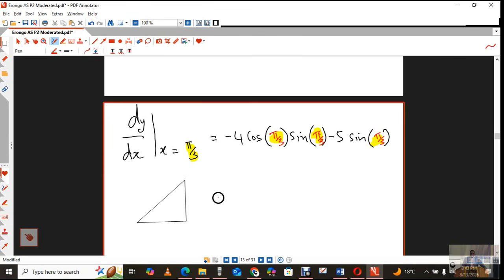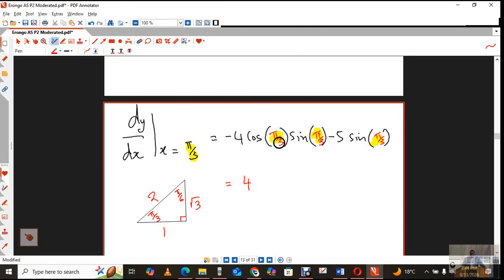Let's say I know that that is 2, the hypotenuse. I know this is half pi radians or 90 degrees. This is 1, and this is 60 degrees, which is pi over 3, and that is pi over 6. And this is going to be, using Pythagoras, the square root of 3. This is special angle triangle. So we're going to use that to solve this.